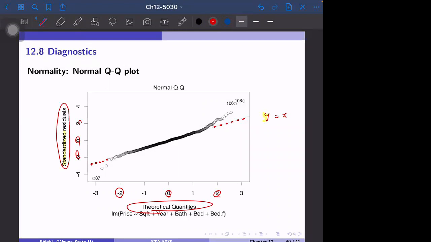So if all observations are on the line, then we can say the observations are normally distributed. But actually, we have some discrepancy here. Not too severe, but the error distribution, the residual distribution, is heavier than the normal distribution. So it's a slight violation of the normal curve.